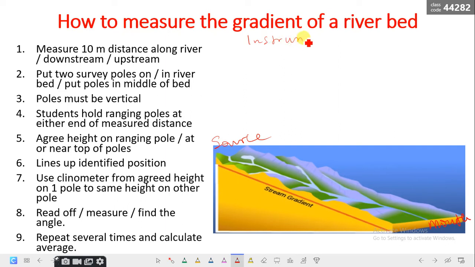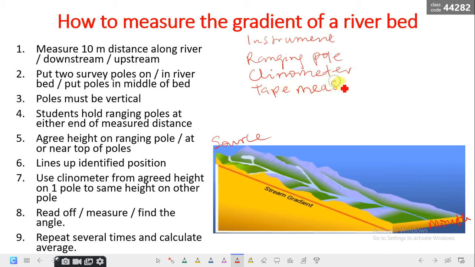You need your ranging poles, your clinometer, which you use to measure the angles, and your tape measure, so you'll be able to measure the distance from upstream to downstream. This is the upstream, which is usually the source, and here we have our downstream.